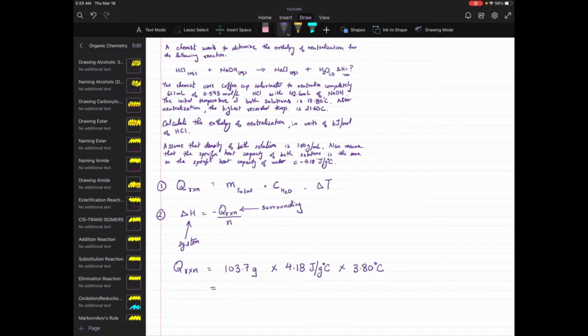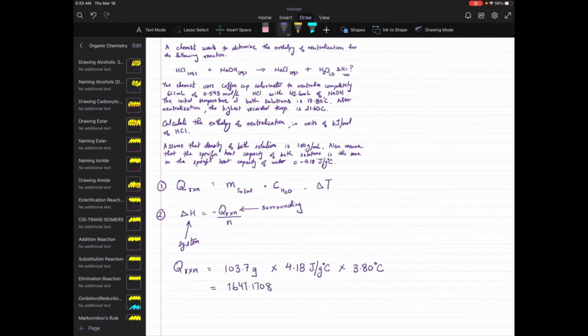Now, once we have all of these values, we can solve for Q by taking 103.7 grams times 4.18 times 3.80. And that gives me a value of 1647.1708.